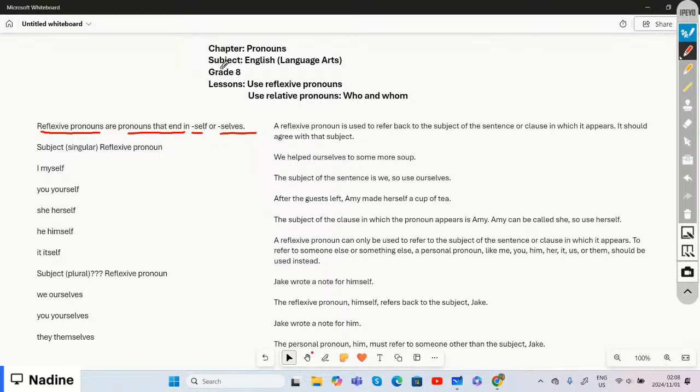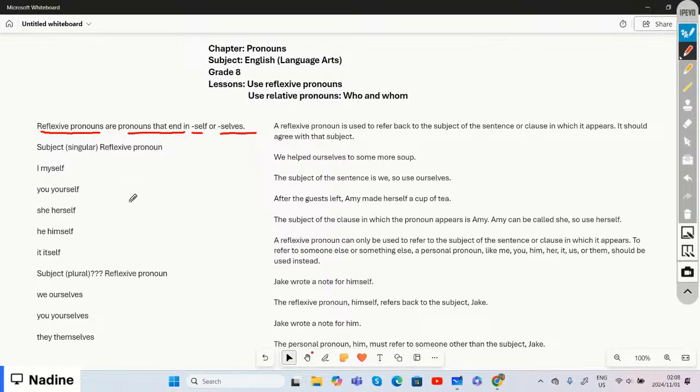And when we look at our subject as well as our reflexive pronoun, they need to be in agreement with one another, so it needs to refer to one another.